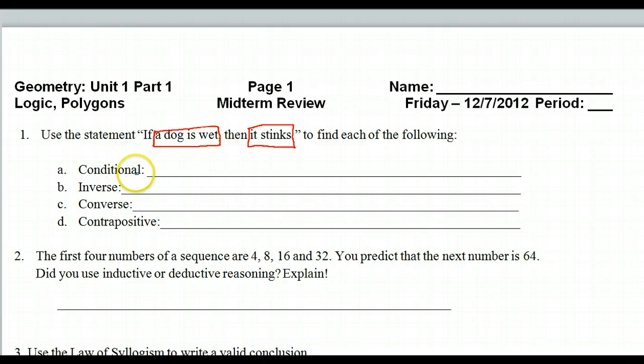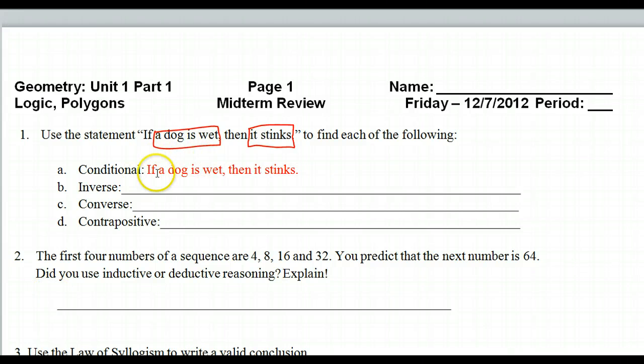But first things first. If I ask you to write the conditional in a problem like this, you're just going to recopy the existing sentence. So there it is. If a dog is wet, then it stinks.